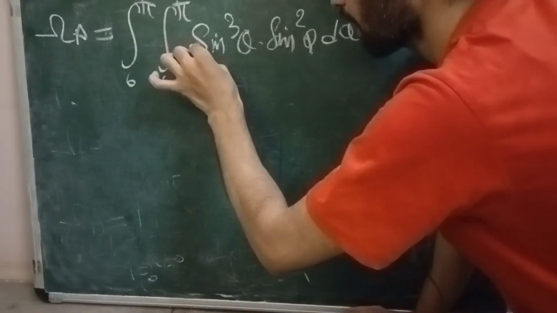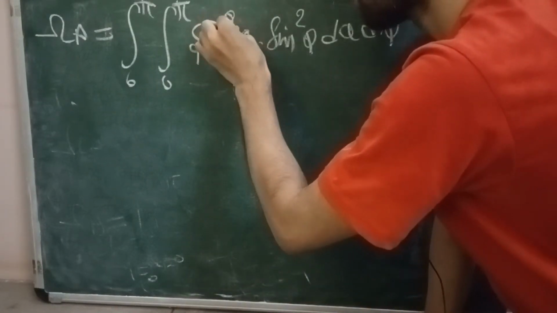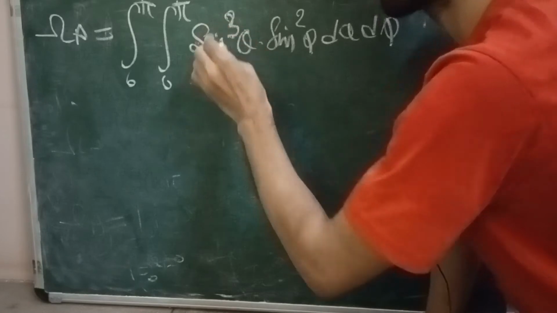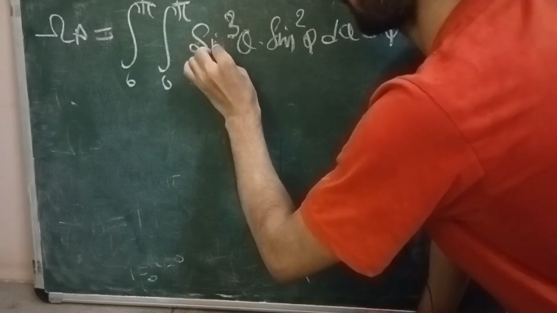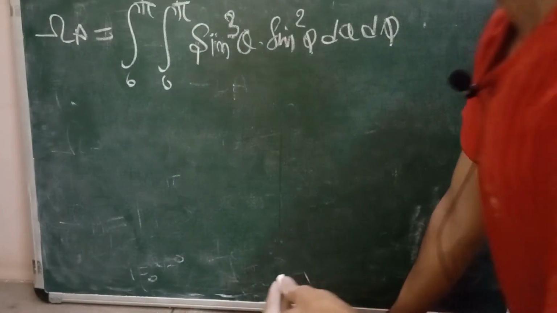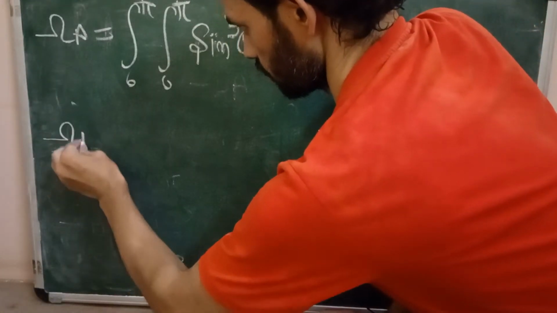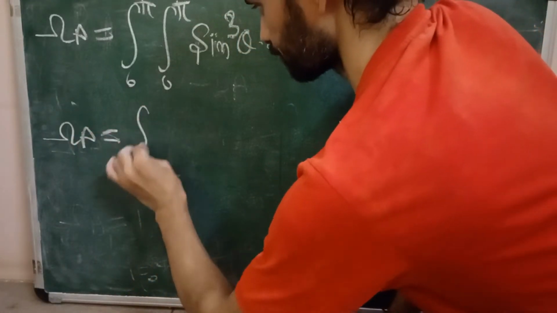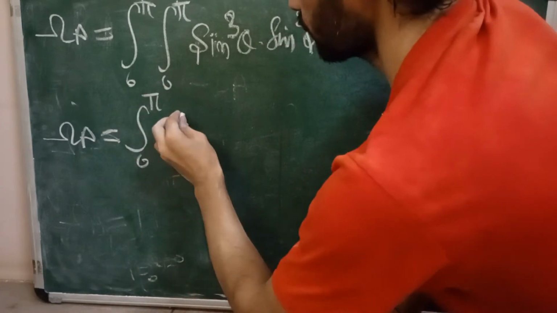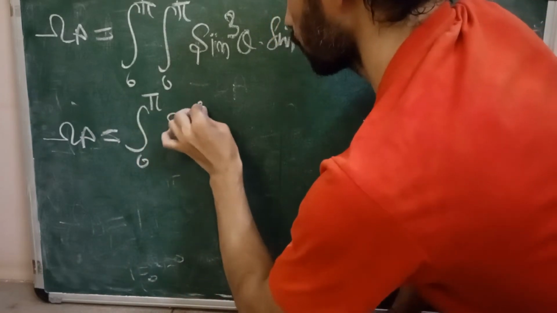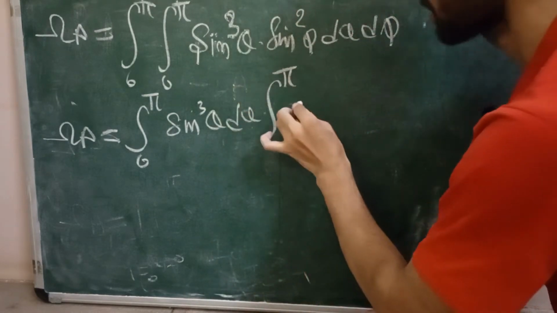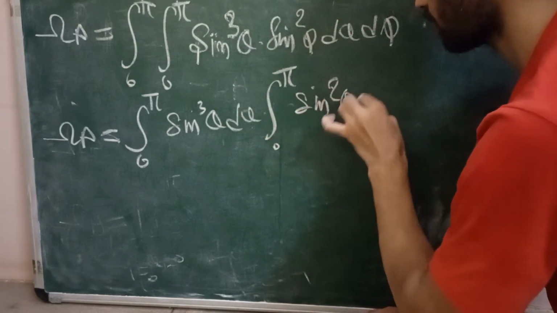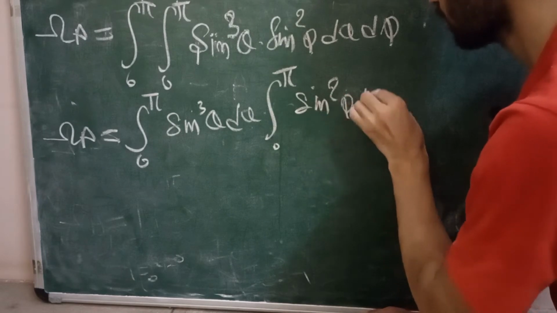Now either you use the general formula, or you apply the Wallis formula. It is better to apply the Wallis formula. The solid angle is the integral from 0 to π of sine cube θ dθ times the integral from 0 to π of sine square φ dφ.